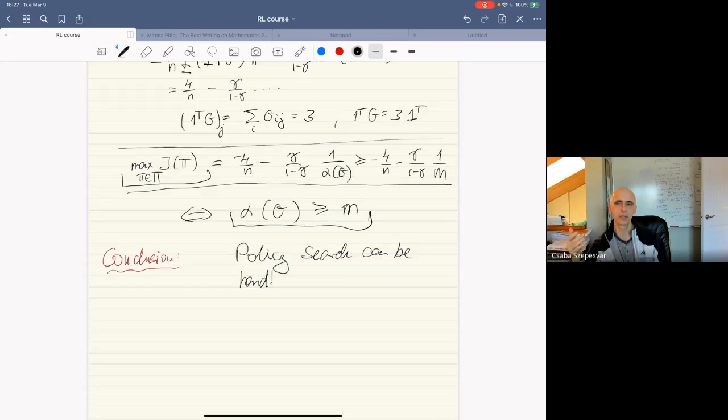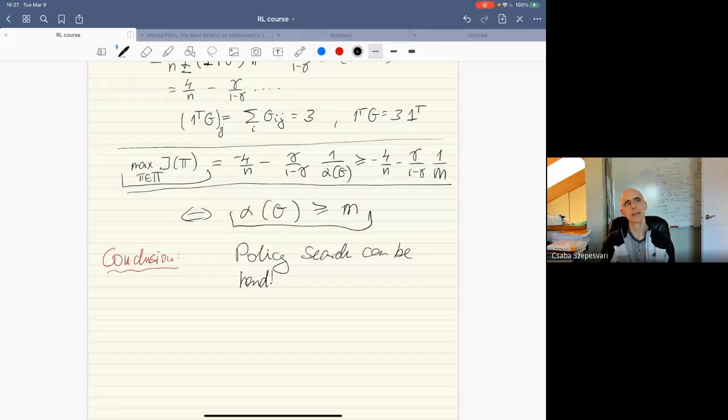So, and this was for state aggregation, the simplest case. That's pretty sobering, right? But maybe it's not the end of the world. Maybe we are trying something unreasonable. Actually, this kind of says that maybe this is too much.